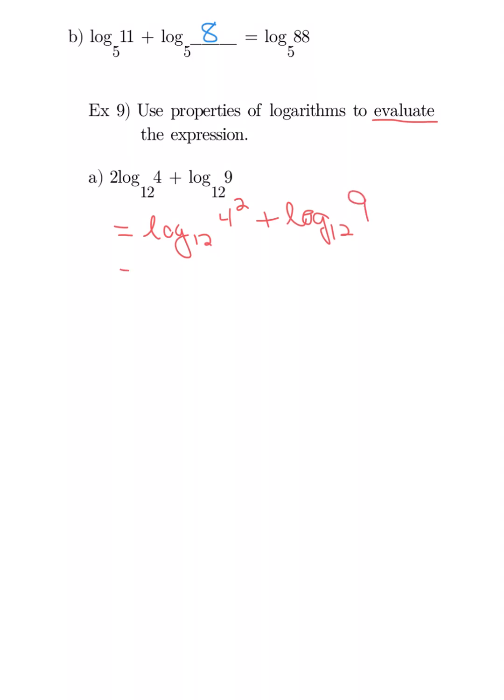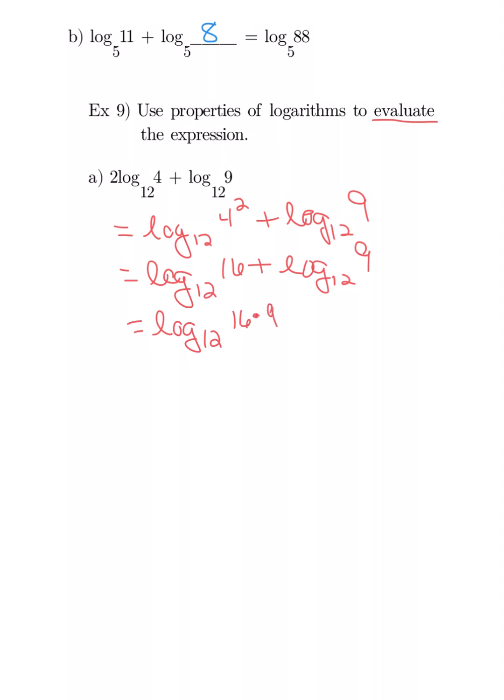I know that 4 squared equals 16, so I'm going to rewrite this as log base 12 of 16 plus the log base 12 of 9. When we have addition between separate logarithms that are the same, we can change that into a single logarithm of the two arguments multiplied.